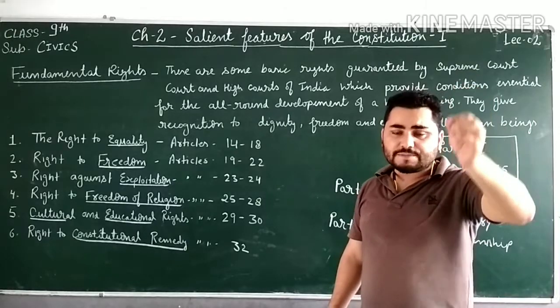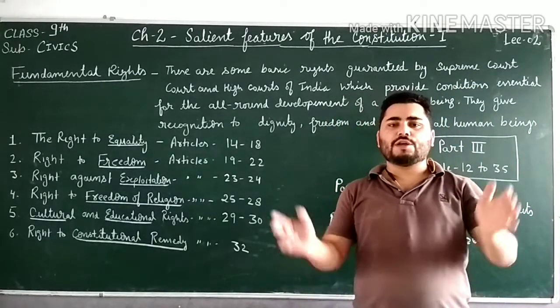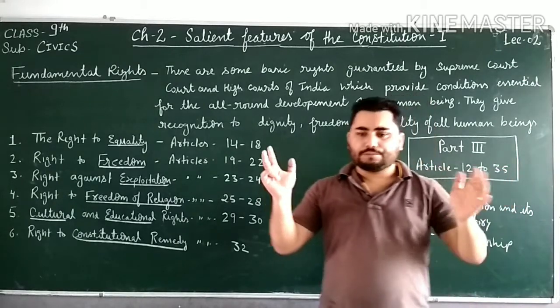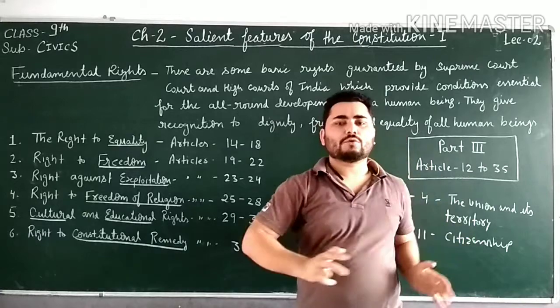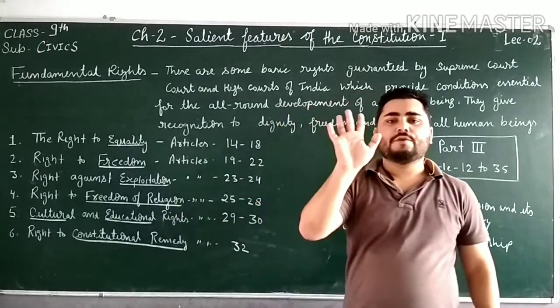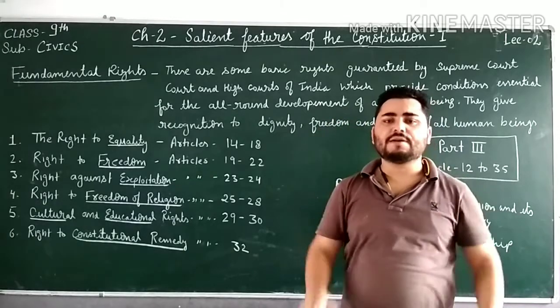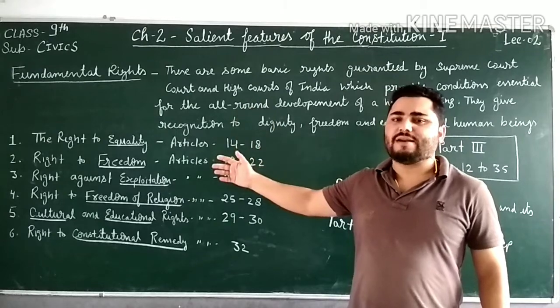So these many articles are there. If we put them in particular groups and types, we get six types of fundamental rights.